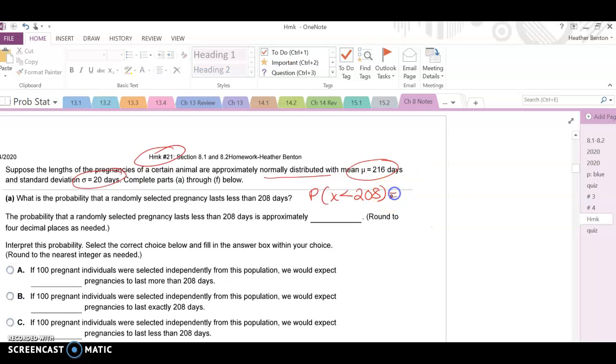So we're going to our calculator and we have our population mean and our population standard deviation.